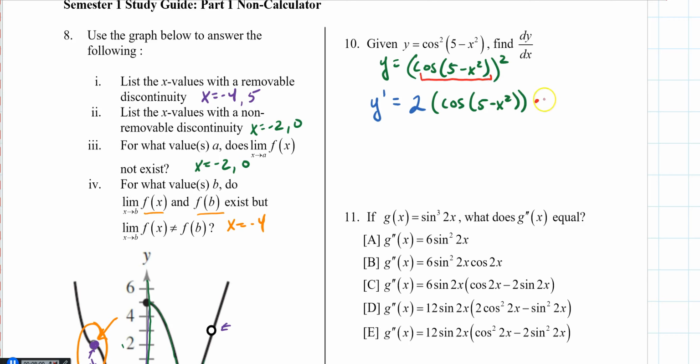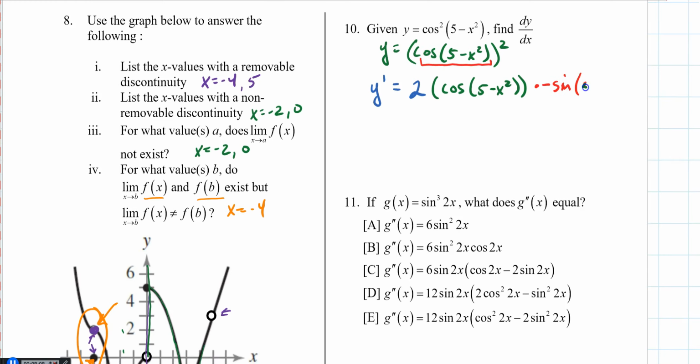Well, the derivative of cosine is negative sine of 5 minus x squared. And then I have to take one more derivative, and that is the derivative of the inside of that function. So I'm going to multiply that by negative 2x.